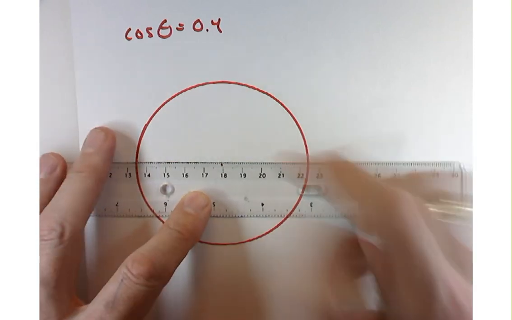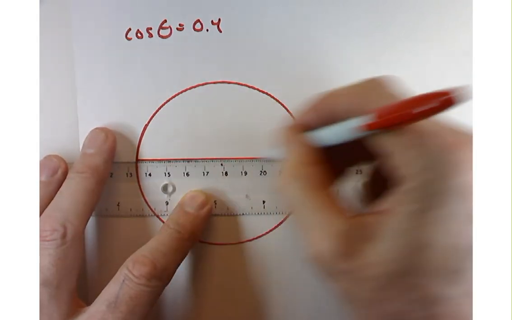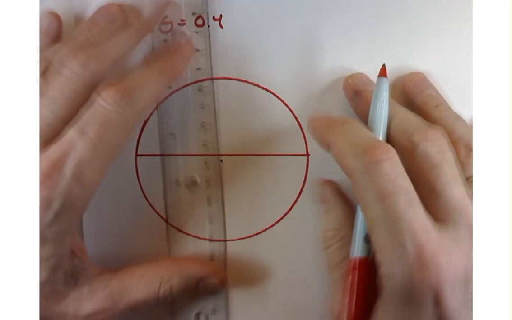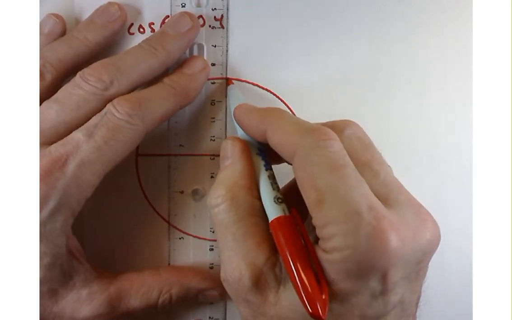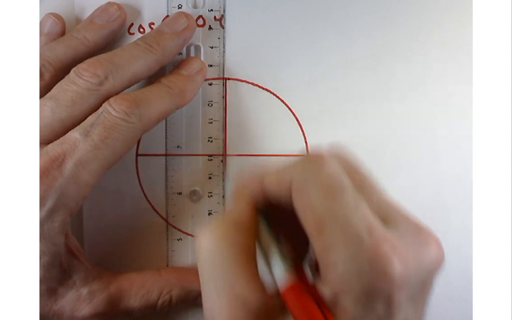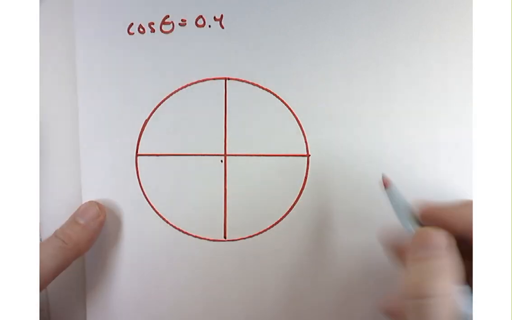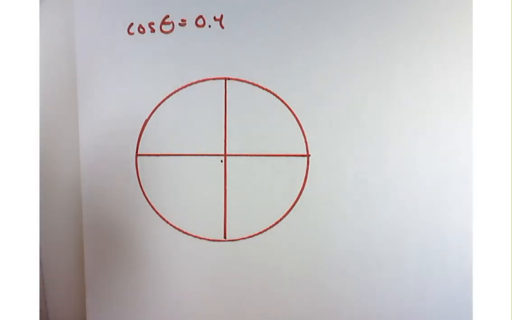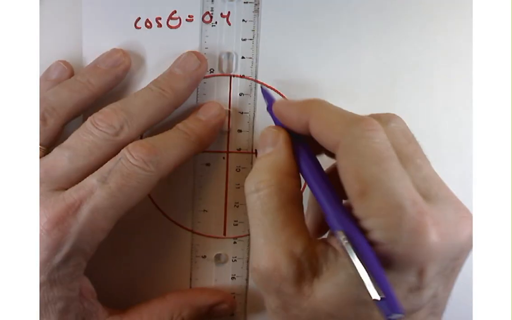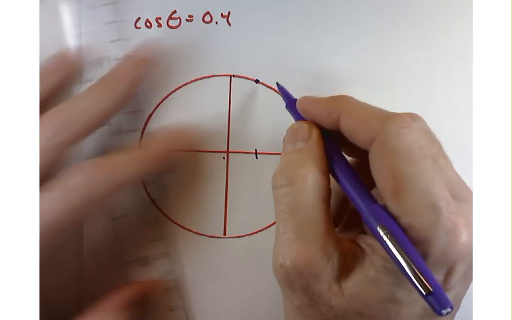So it changes things because cosine is the x coordinate. So what I'm looking for here is, where's the x coordinate equal to 0.4? And there's going to be two places.